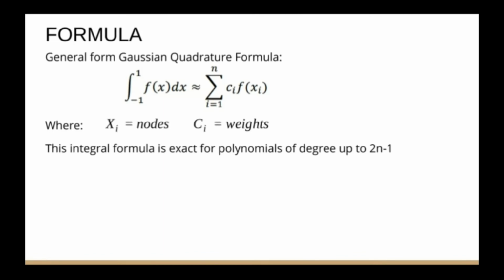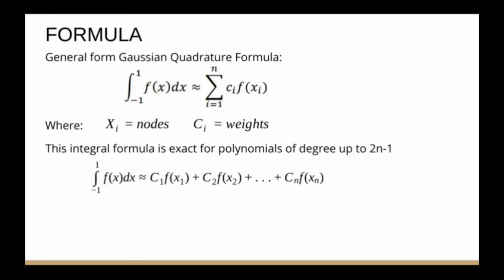So the x sub i are called our nodes, and the c sub i are called our weights. So this integral formula is exact for polynomials of degree up to 2n minus 1. So this 2n minus 1 is what we use to know our degree of precision.